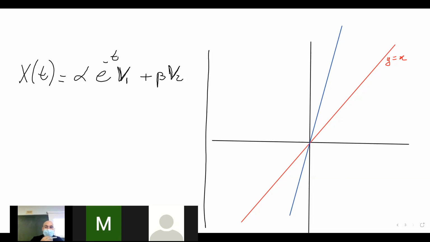Here's the solution. If beta equals 0, then the solution goes to 0.